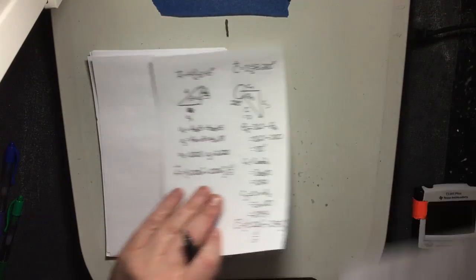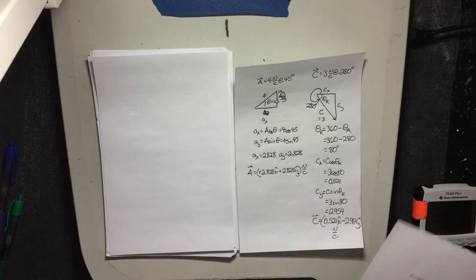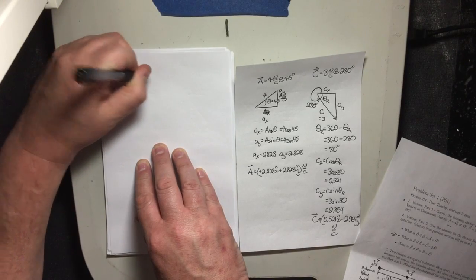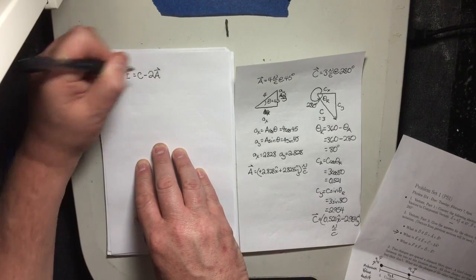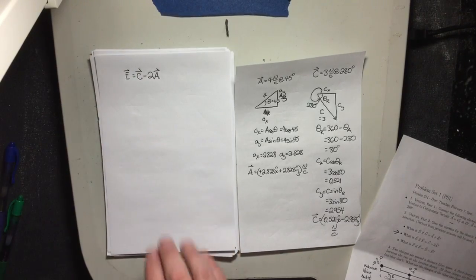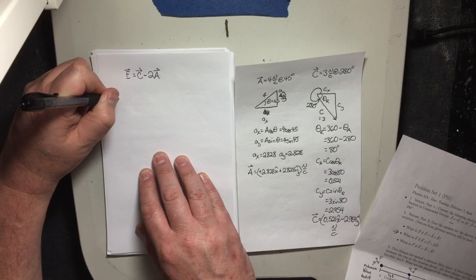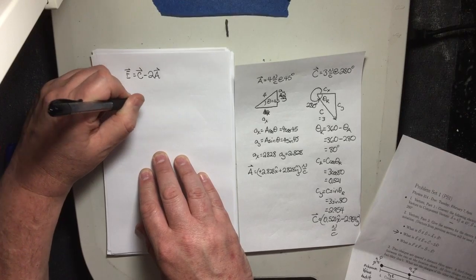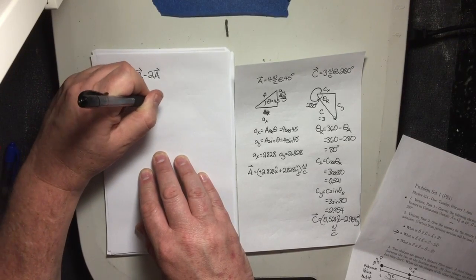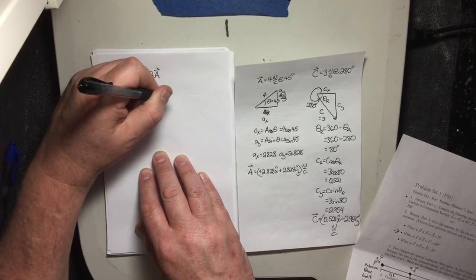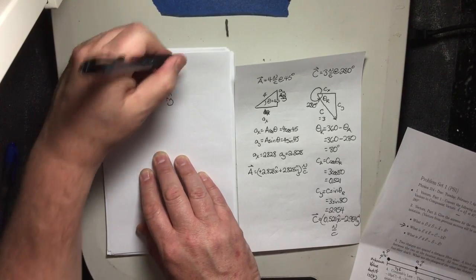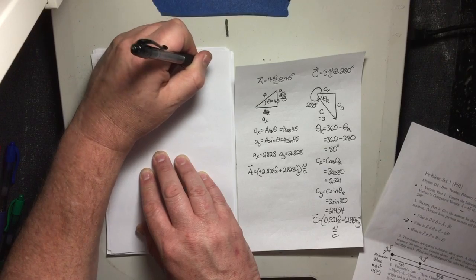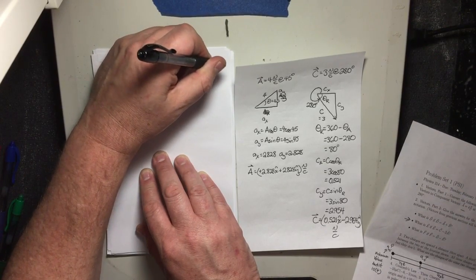Now, for the second bullet of number 2, I have to sum up C minus 2 times A. So the C vector is simply 0.521 x hat minus 2.954 y hat. The A vector is 2.828 x hat plus 2.828 y hat.